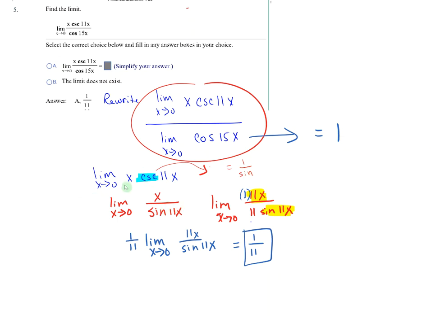So we're going to have x on the top, and this cosecant 11x becomes 1 over sine 11x. So this is what we've got now: the limit as x approaches 0 of x over sine 11x. I need this up here for the rule to stand.